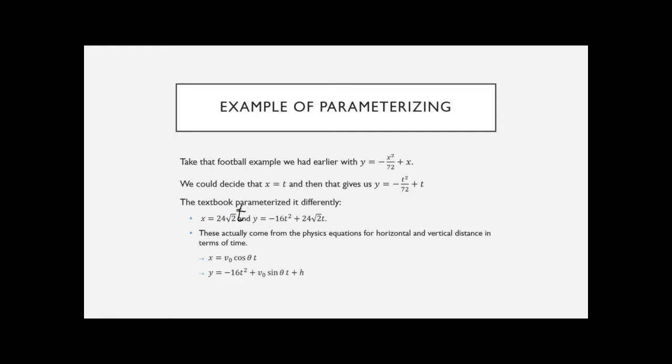We didn't have the sine involved because we had a 90-degree angle where sine was 1, but we used that equation. It only gives you vertical distance in terms of time. It doesn't give you your horizontal. But that's an example of how you can parameterize, is take some known information like a physics equation.